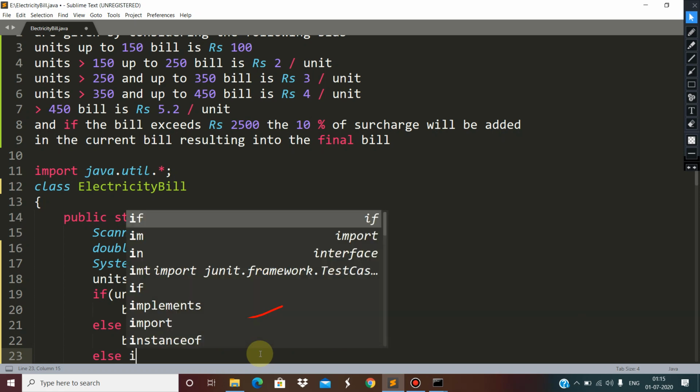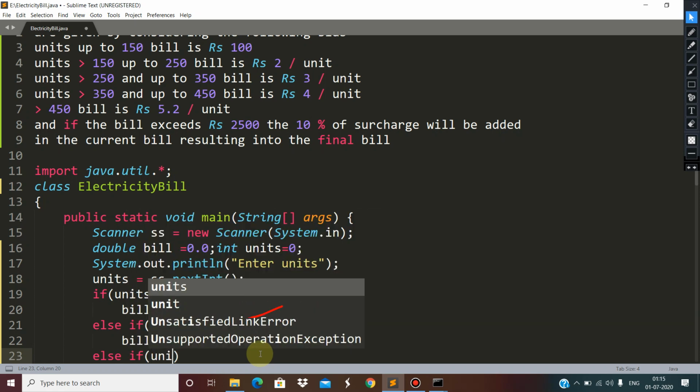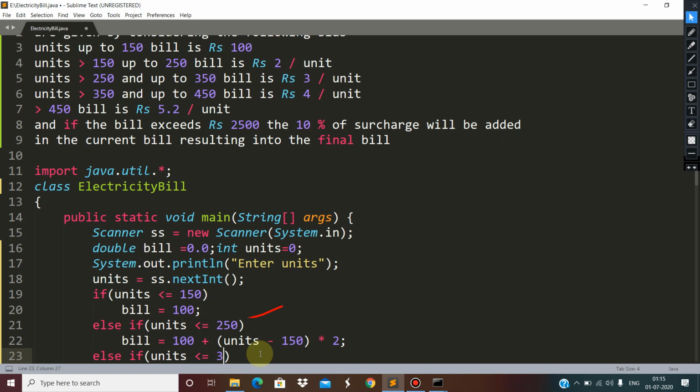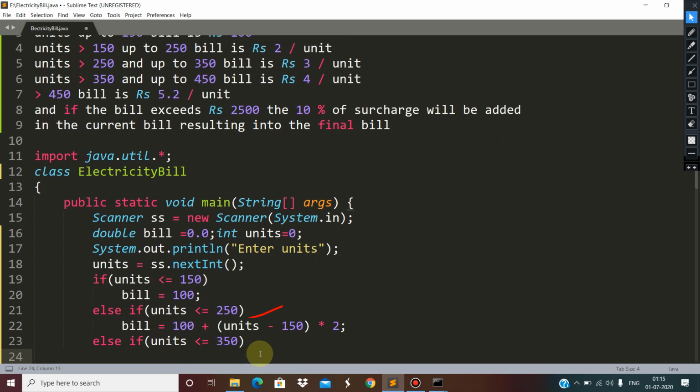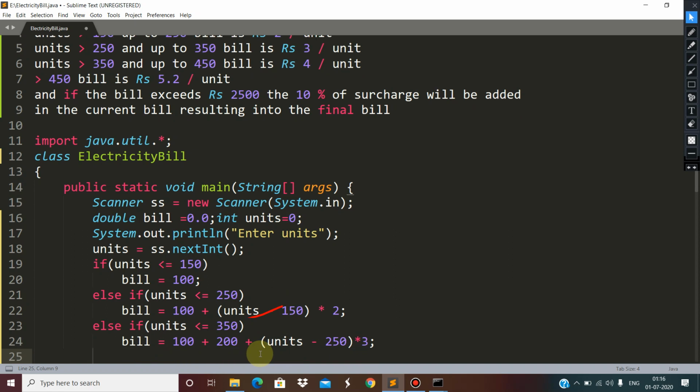Now here, else if units are less than or equals to 350, the bill is rupees 100 for the first 150 units, and now 151 to 250, which is 100 units into 2, which is 200, plus the remaining amount, which is units minus 250 into the rate, which is 3. This is what we have to write.